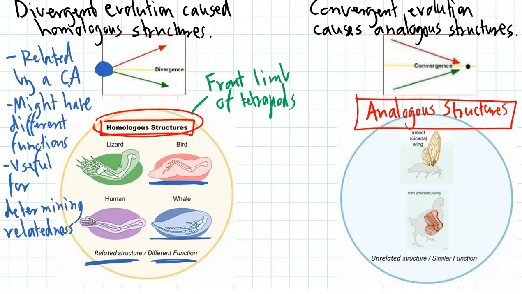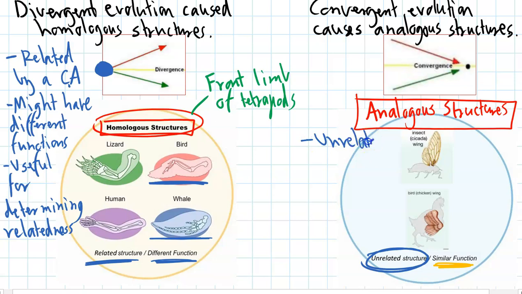Okay, well, analogous structures are the opposite. So I've already said analogous structures are caused by convergent evolution, which means that the structures aren't related, but they have a similar function, or they look similar. So analogous structures are unrelated. They don't come from a common ancestor.